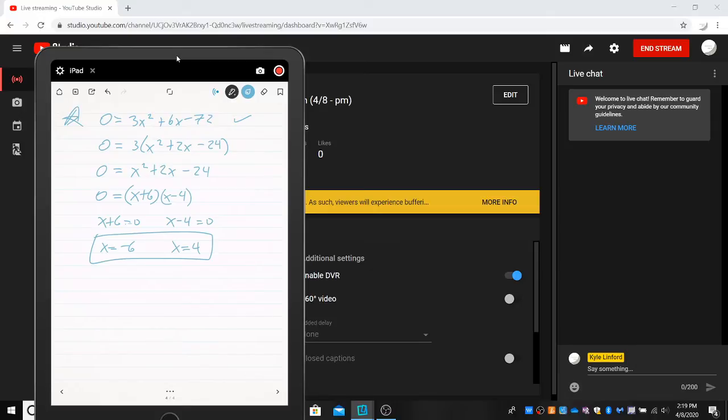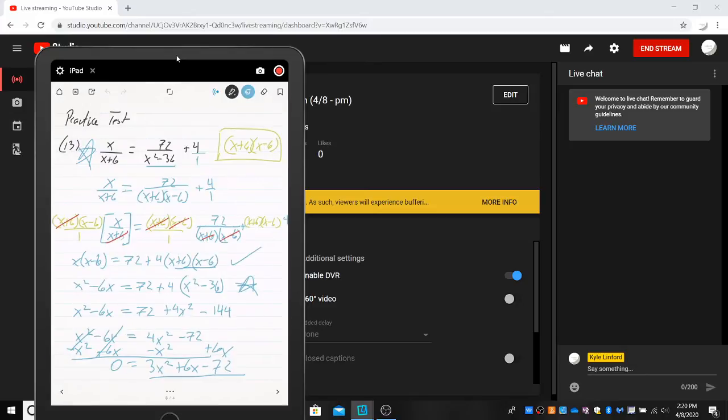Now, one thing we have to keep in mind is that we have to check our work, because these answers are solutions to this quadratic equation, but are they solutions to the rational? Again, when we have a rational equation or a rational function, remember, it has a restricted domain.